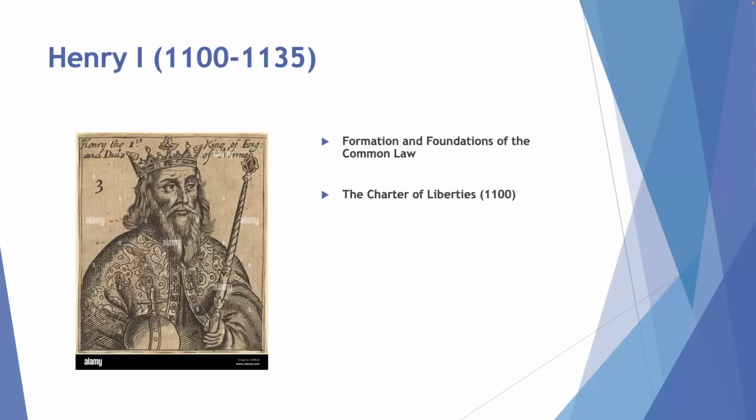Now, the charter sought to essentially curtail some of the more important abuses of royal power, and instead lay the groundwork for a more formalized relationship between the monarchy and the barons, because William II faced a number of challenges in relation to conflicts and disputes, especially land disputes among members of the nobility. And his quite strong attitude towards asserting royal control and royal authority would often cause tension between the monarchy and the barons of the nobility.